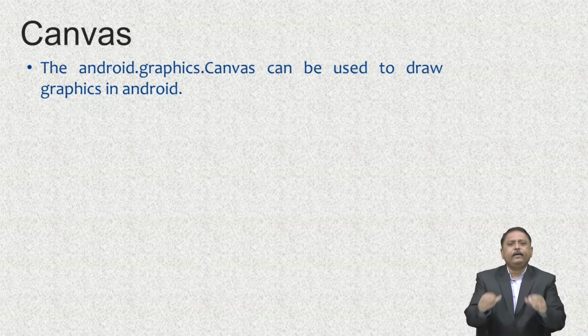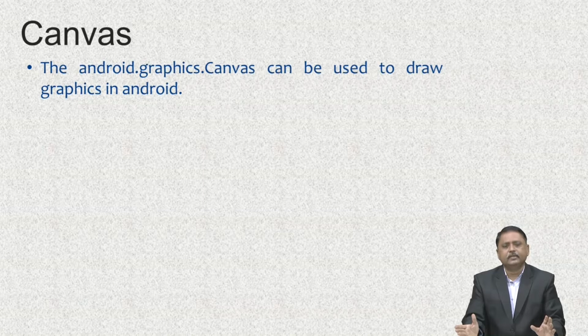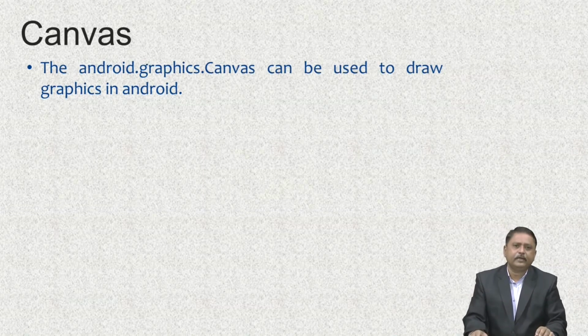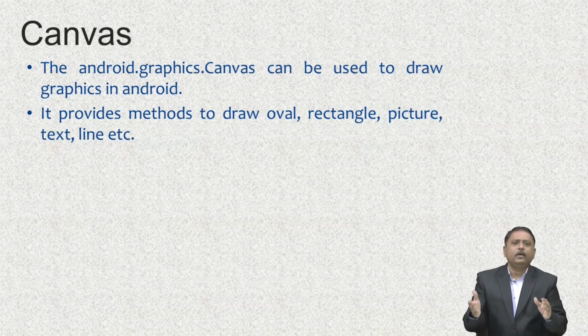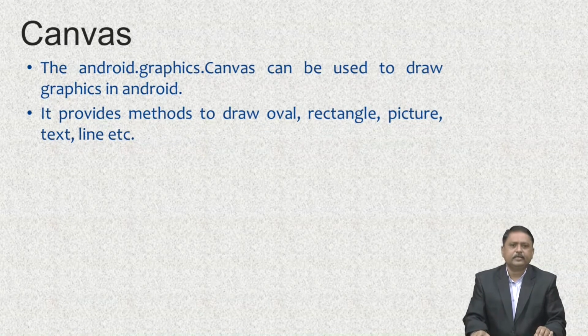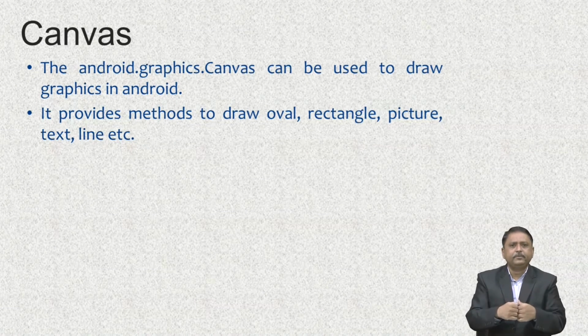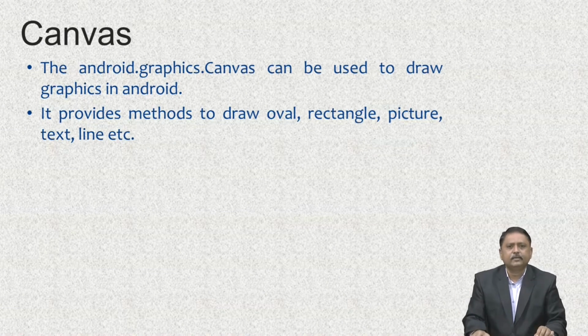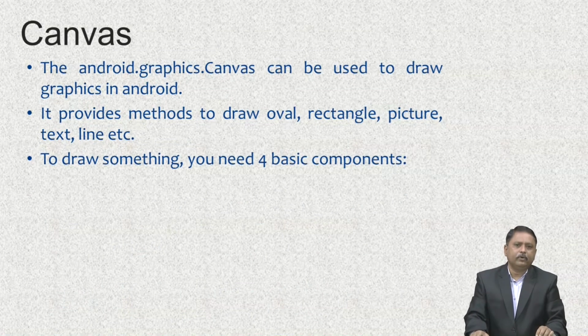Now, let us understand Canvas in some detail. It is available in the android.graphics package and the class name is Canvas. It can be used to draw graphics in Android. It provides methods to draw oval, rectangle, picture, text, line, etc. So, all primitive shapes can be drawn using Canvas, and by using a combination of these primitive shapes, you can also draw some complex shapes. To draw something, you need 4 basic components.